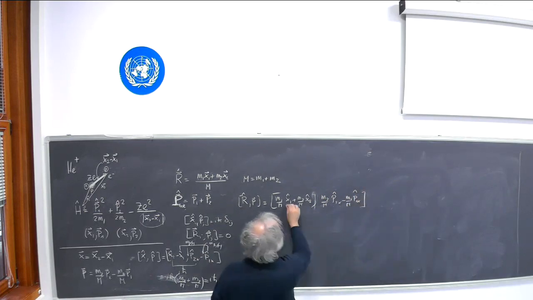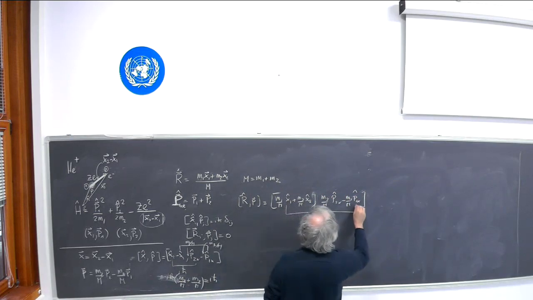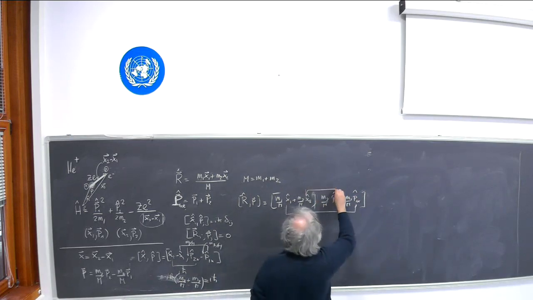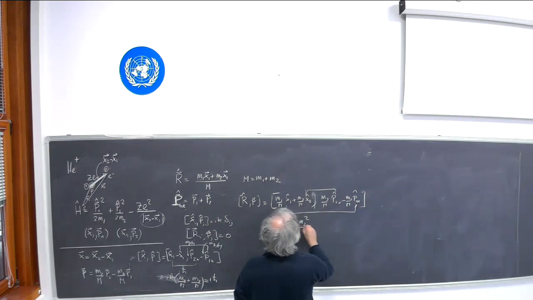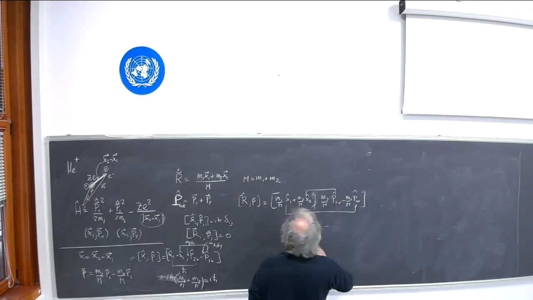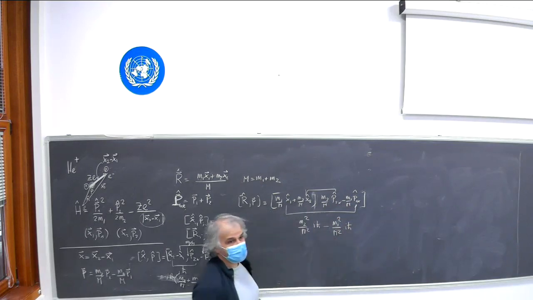So I do this with that, and this with that. And the answer is M2 squared divided by M squared i h bar minus M1 squared divided by M squared times i h bar. And this object is not 0.